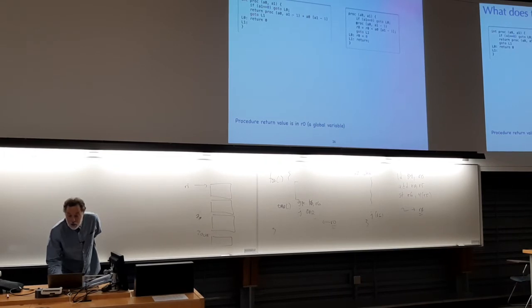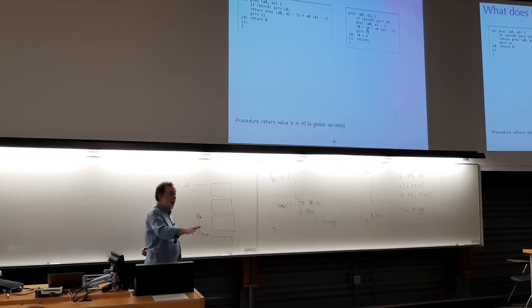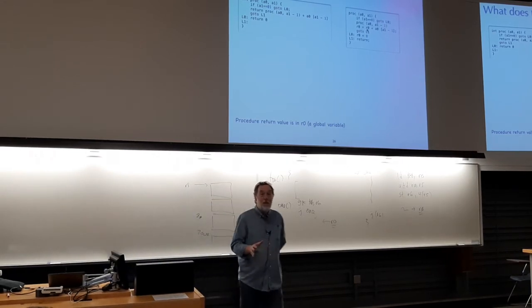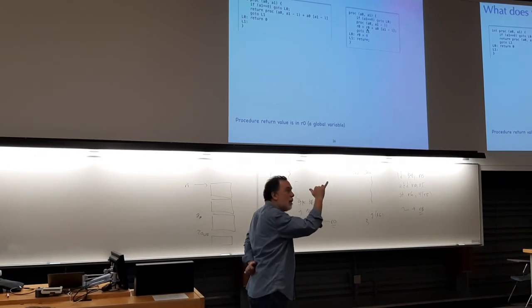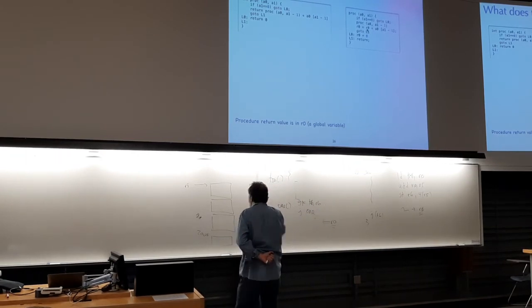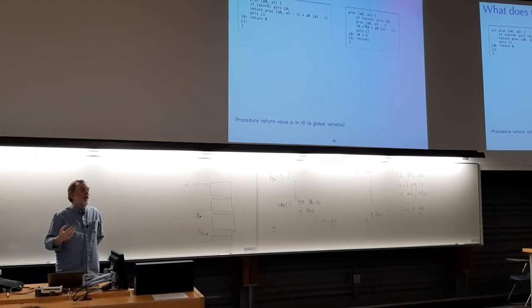Here, I call the procedure, and then just use R0. Perfectly valid C, it would work, but definitely harder to read because the connection between the procedure call on the line above where the pointer is and this value is now less clear. Now you have to remember, oh, it's R0.